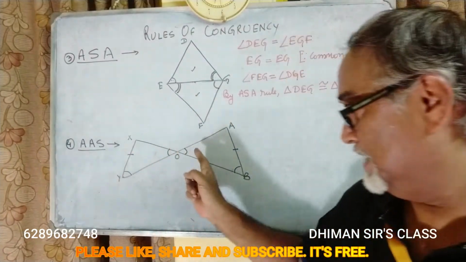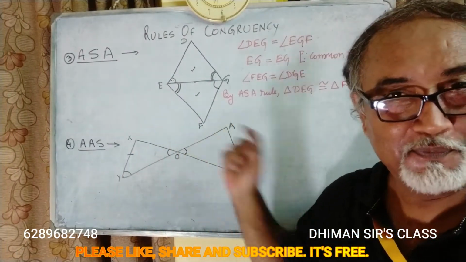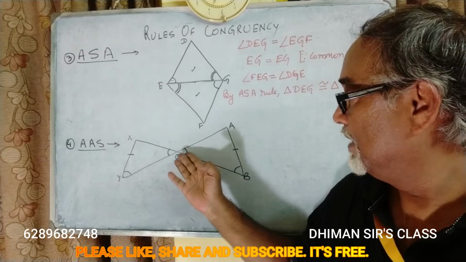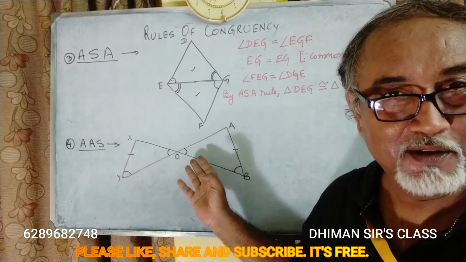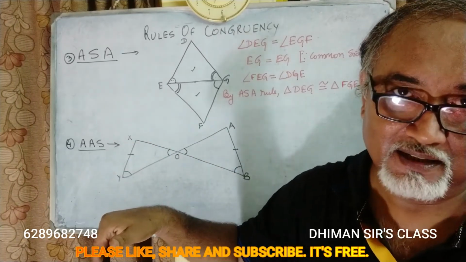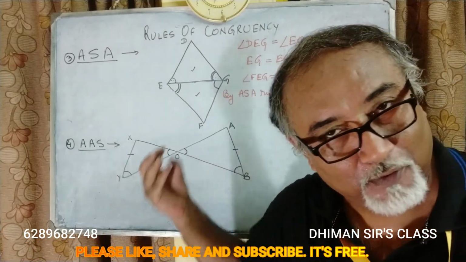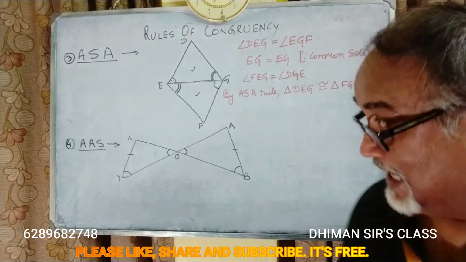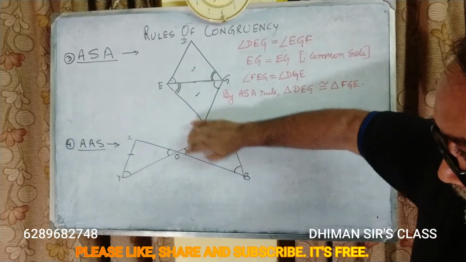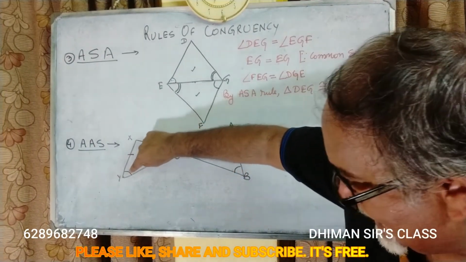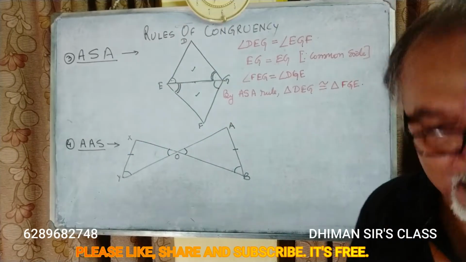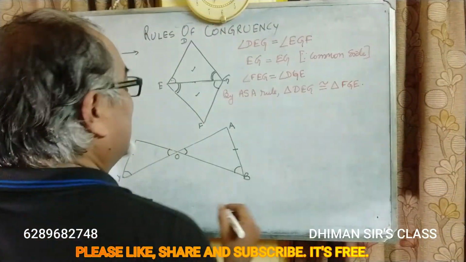See, vertically opposite angles were not given, but it is clearly visible. We have to give this as one of the pieces of information for the rule of congruency. Now you see what rule? Angle side rule. So, what are given here?